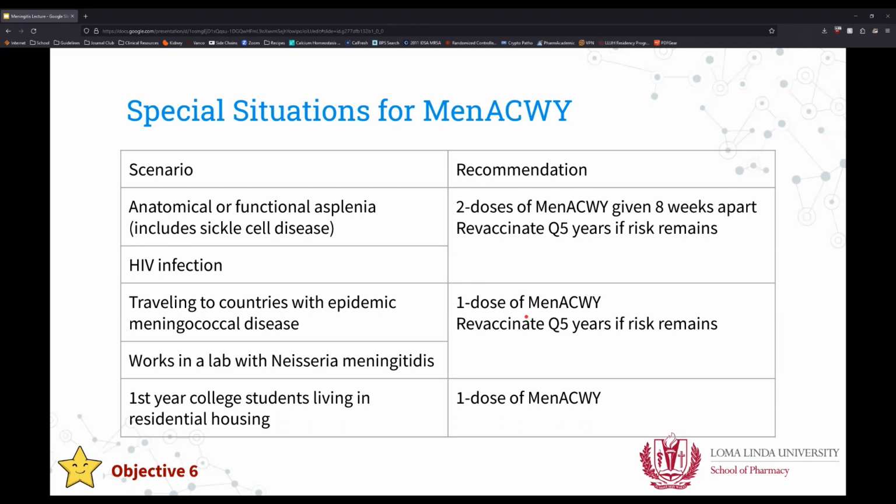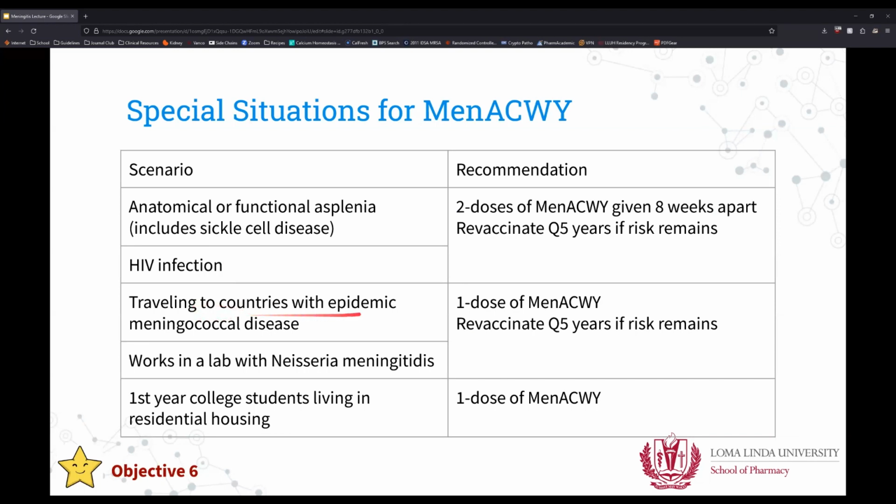So if they either have their spleen removed, or they have sickle cell disease, or they have an HIV infection, in any case you can consider providing 2 doses of this quadrivalent vaccination given 8 weeks apart. And then you can consider revaccinating every 5 years if the patient still has risk. If either risk is still applicable, then you can revaccinate them 5 years later.